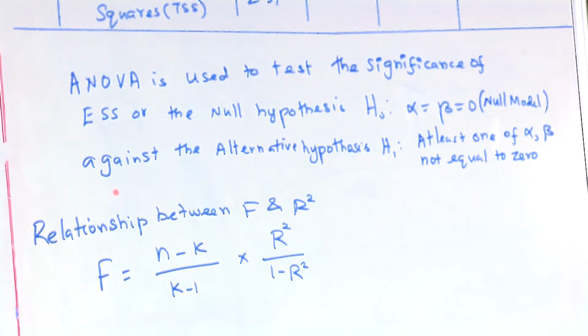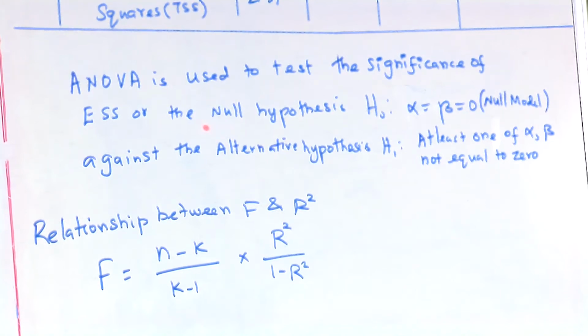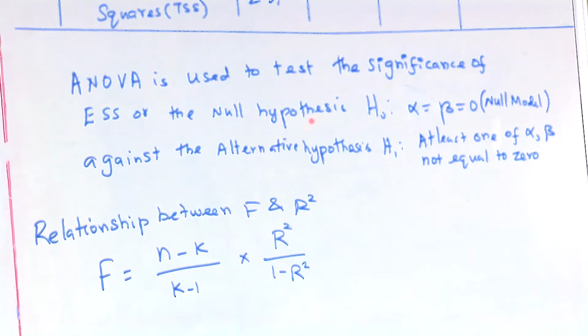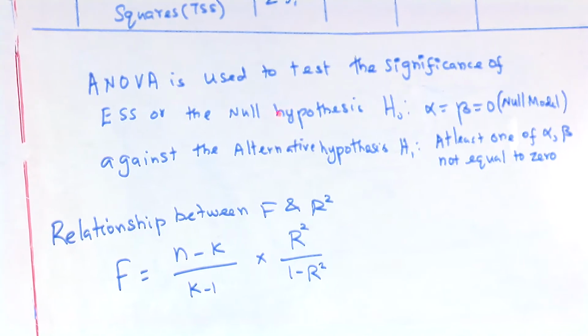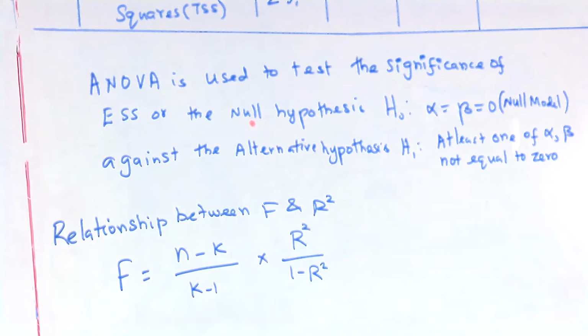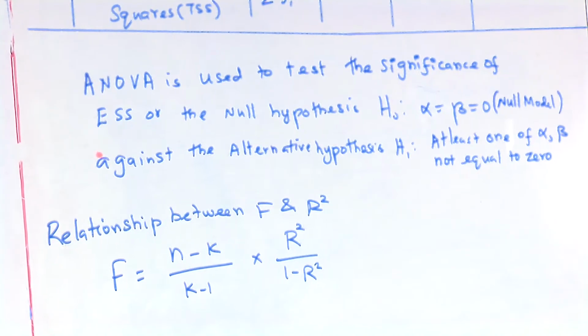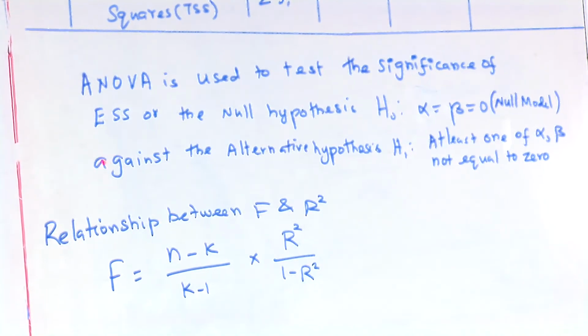This F ratio could be used to test the significance of the ESS, or the significance of this hypothesis alpha equal to beta equal to 0. If the calculated value F star is greater than F k minus 1 comma n minus k, then we will say the ESS is significant, otherwise ESS is insignificant.